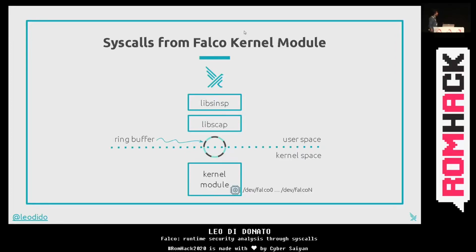But what's a ring buffer and why a ring buffer? That's a vital part of Falco. A ring buffer is an elegant circular data structure with a fixed size, 8 megabytes in the case of Falco, acting as a first in, first out queue. It's very important because having millions of syscalls per second and having to process, parse them and match them against a set of rules puts really hard requirements on performance.